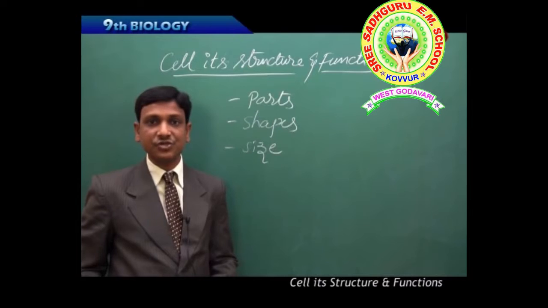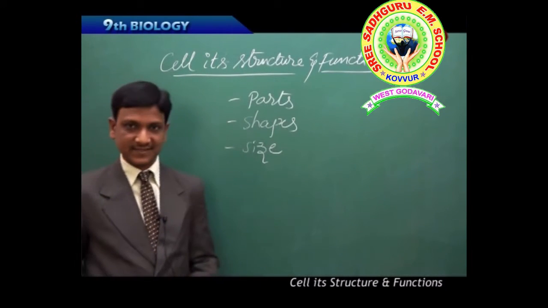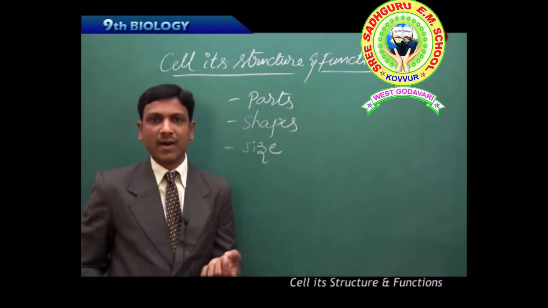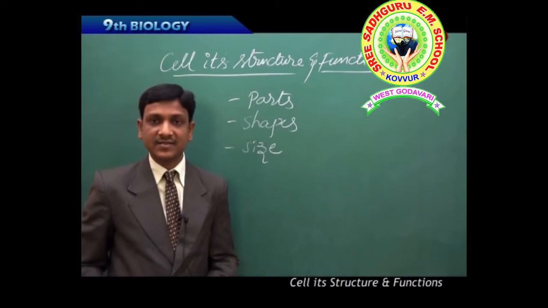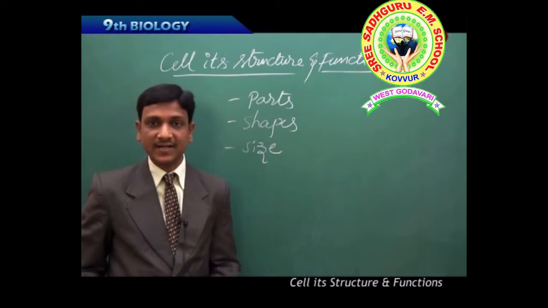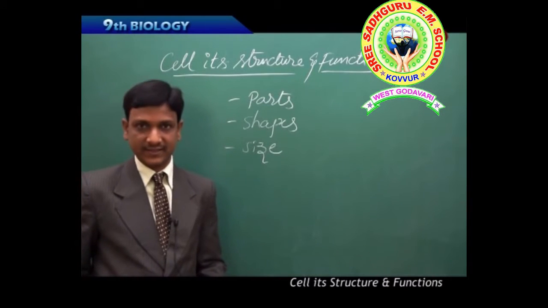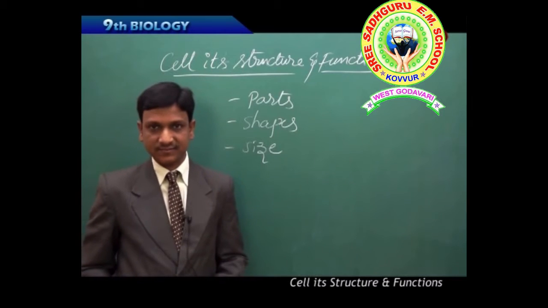But there are some cells which can be seen with the naked eye. The smallest cell measures in microns, micrometers, whereas the biggest cell, the ostrich egg, is the known biggest cell that we can see with our naked eye. So cells exist in different sizes.